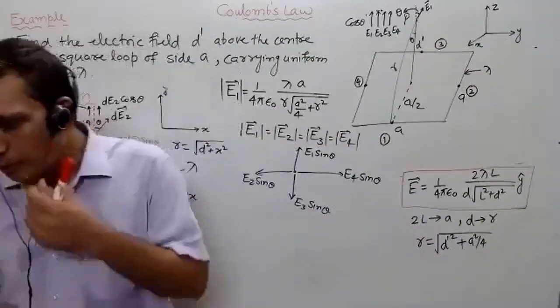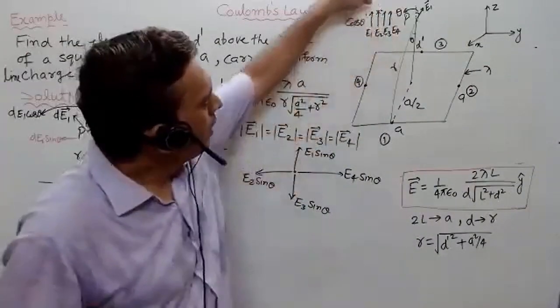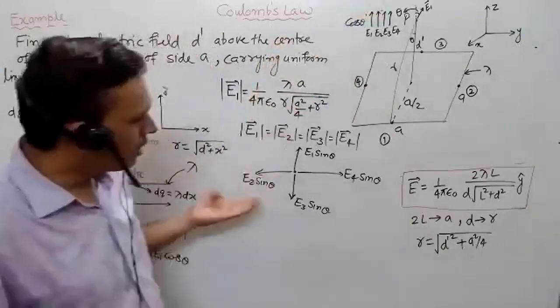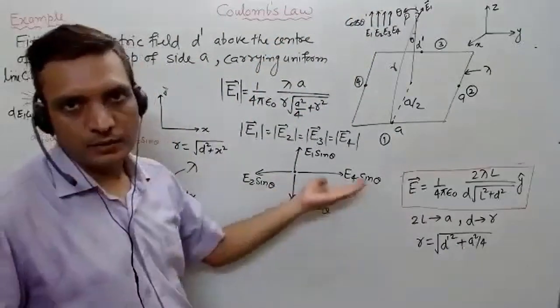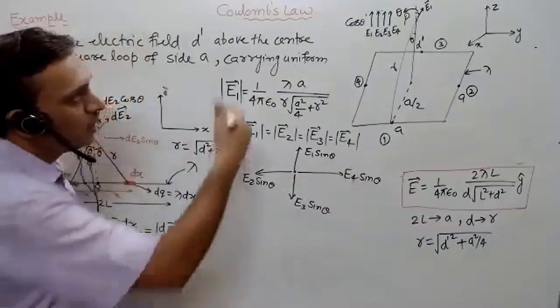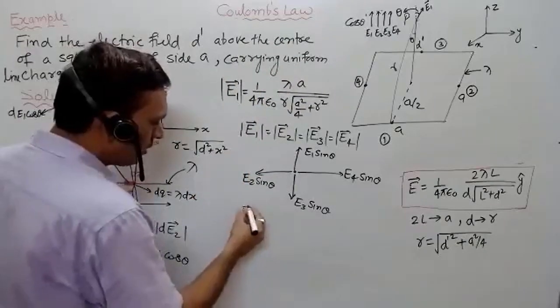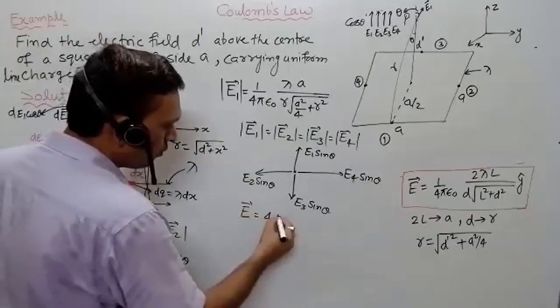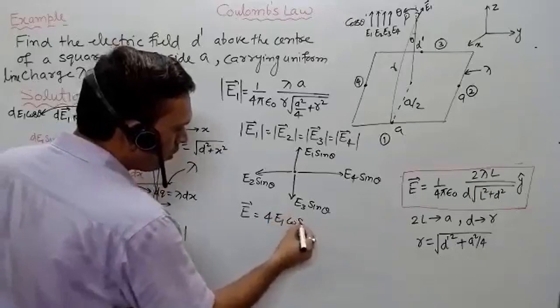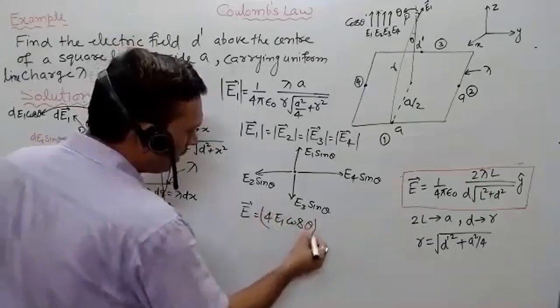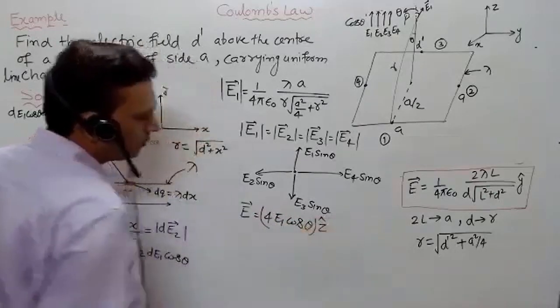So in the Z direction, the components will add up, but in the XY plane, the components will cancel each other. So the resultant field you can write as 4 E1 cos theta, and this direction is Z cap.